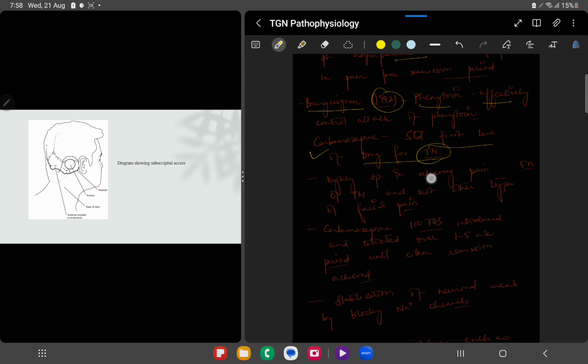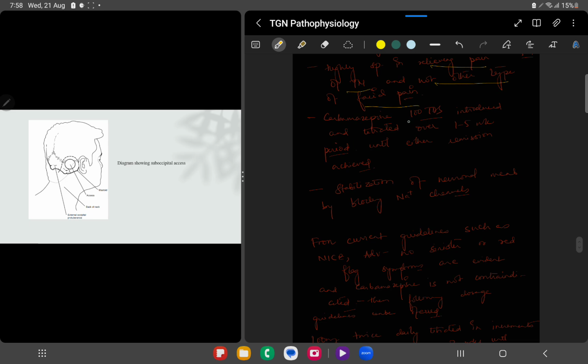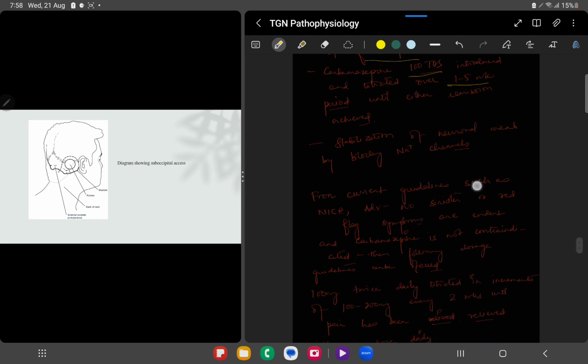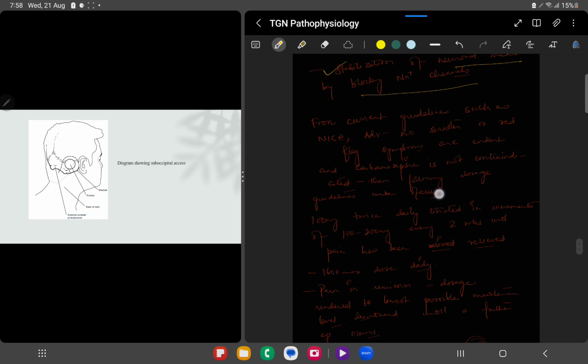Well, it is highly specific in relieving the pain of trigeminal neuralgia, not any other type of facial pain. It is given 100 TDS initially and then titrated over 1 to 5 weeks. It helps in stabilization of the neuronal membrane by blocking the sodium channels.